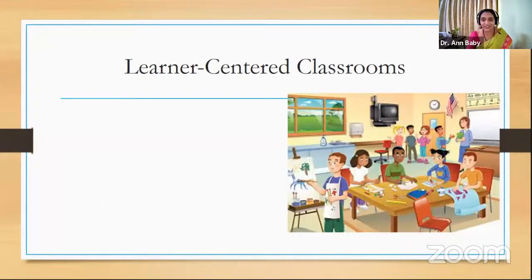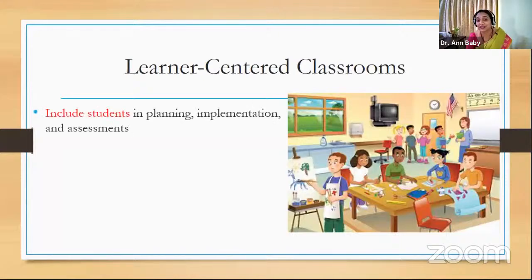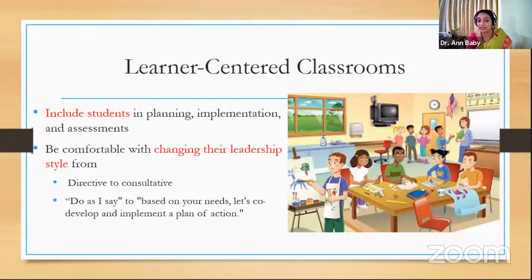It looks like a very collaborative, cooperative, and active, colorful class. You include the students in planning your course schedule, how it is implemented, and the assessments. You make them play a role in doing the assessments.